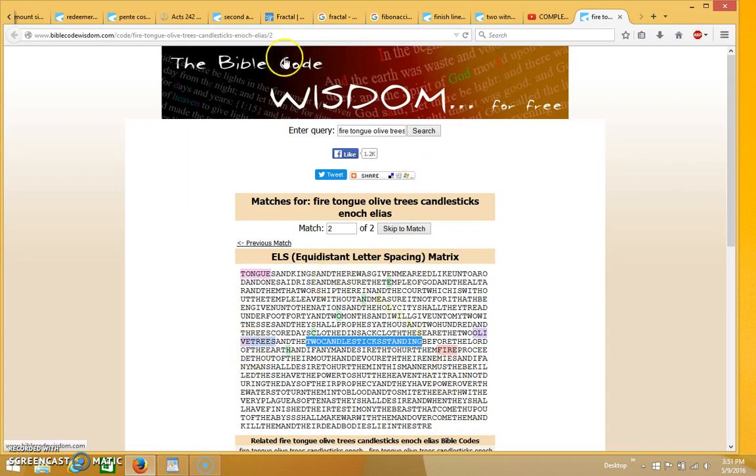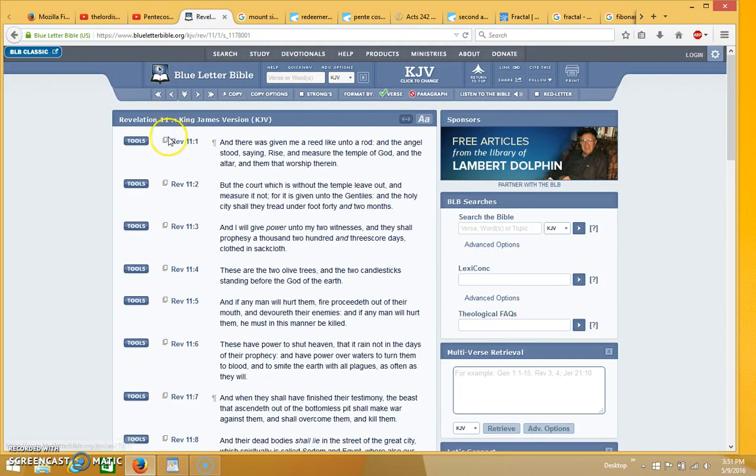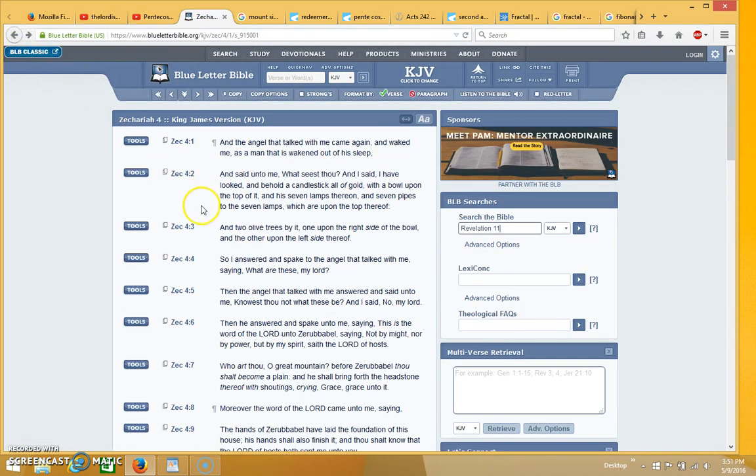And I had talked about how the temple of God, Revelation 11, is about measuring the temple of God, as well as Zechariah 4 also speaks of measuring the temple of God. And in the New Testament, Jesus is described as the cornerstone.